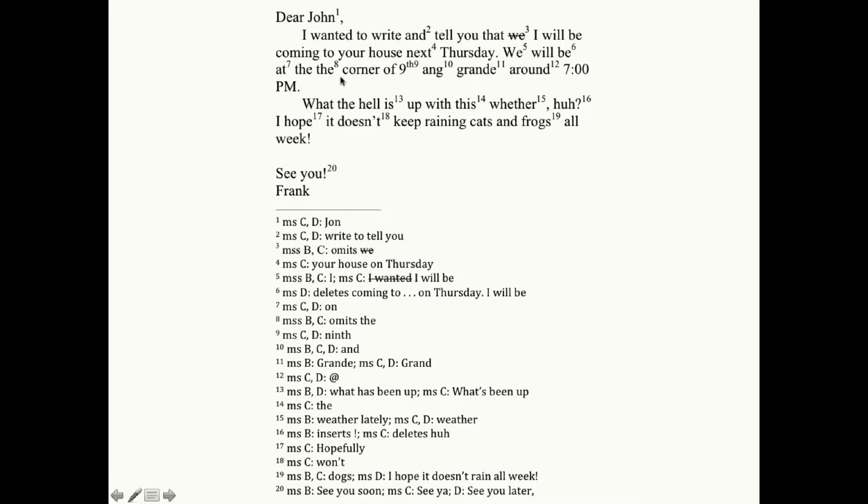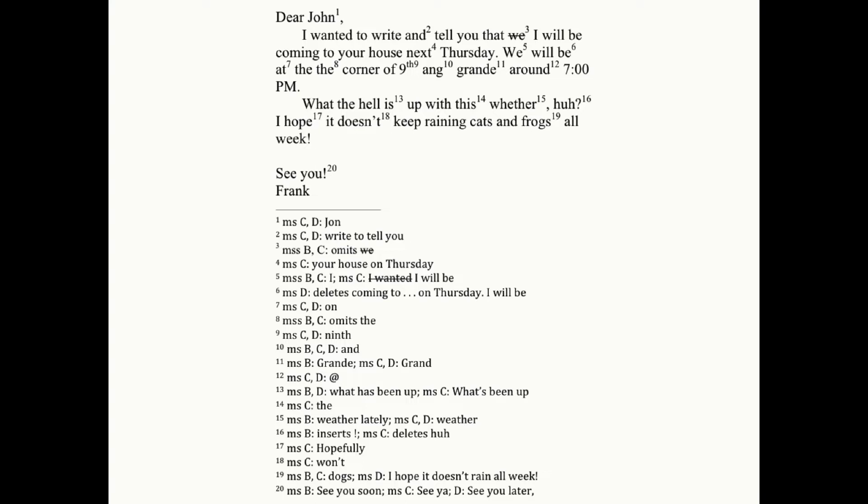So they corrected "John" to "Jon." I wanted to write "and tell you that," and if you look here at the 2, you come down, manuscripts C and D wrote "write to tell you," as opposed to "and tell you that." So a little syntactical change took place.